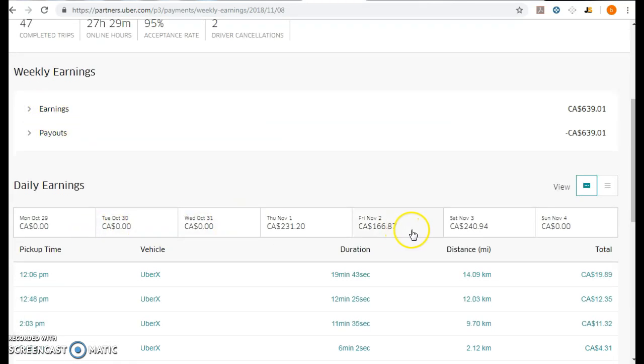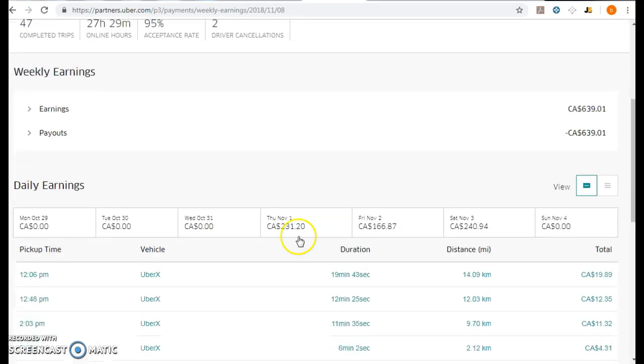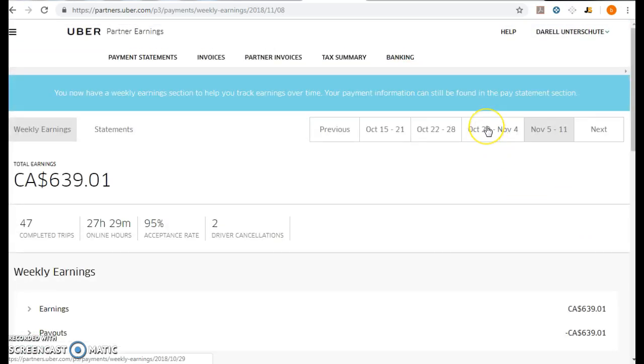And now, as per November 5 to 11, the daily earning result over here is showing the previous week's detail result. That means October 29 to November 4. That is like this.